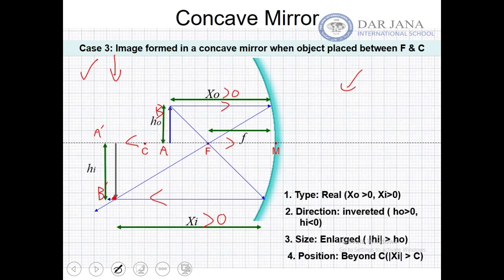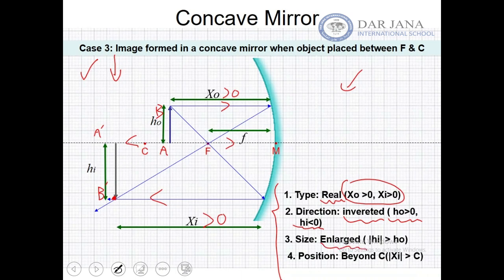Now, here we have the characteristics for case 3. The type is real, as we see. XO and XI, both of them are positive. XI is positive since it's in front of the mirror. The direction is inverted. As we see, it's upside down. The height of the object is positive, while the height of the image is negative. The size is enlarged.